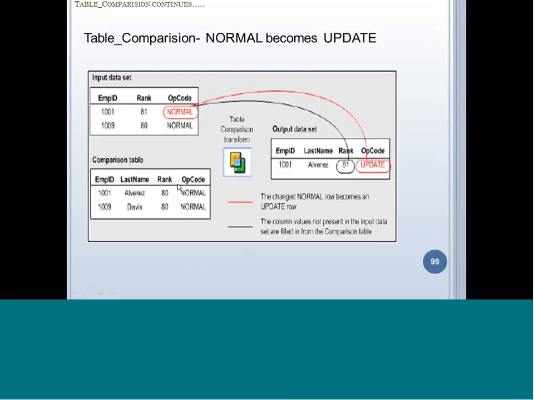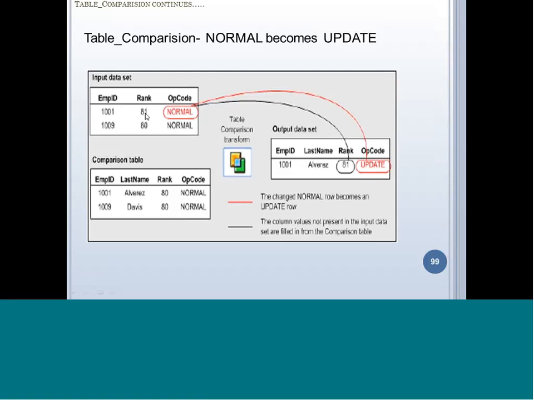Once the primary key of the source is equal to the primary key of the target, it will compare the remaining columns. Getting my point? If it compares rank value 81 with 80, it realizes that these values are not the same. So what I have to do? I have to write a statement called update.